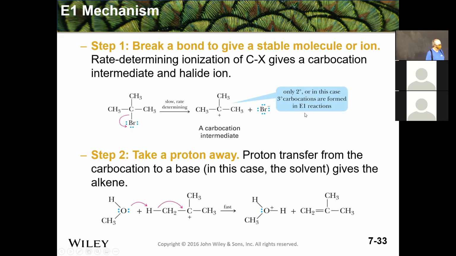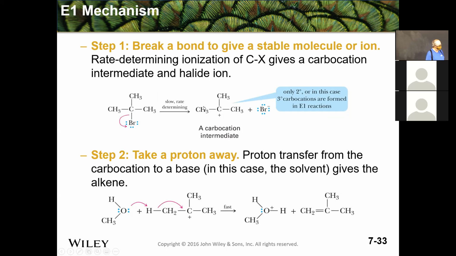Okay, this is important information in the blue. It says only secondary, or in this case, tertiary carbocations are formed in E1 reactions. So if we have a primary halide, we can't do an E1. This is a tertiary, so it starts out just like an SN1. In fact, it competes with the SN1. So bromide leaves, we get a carbocation.